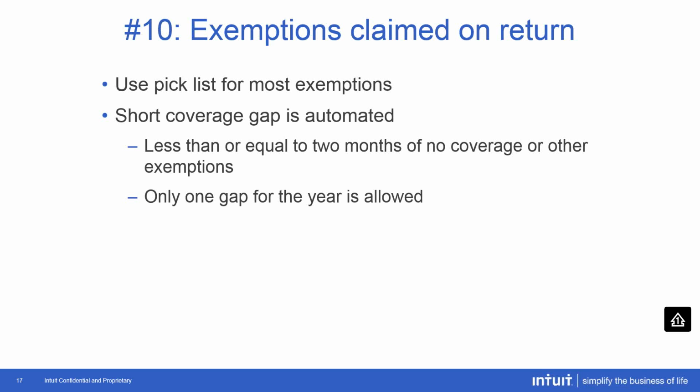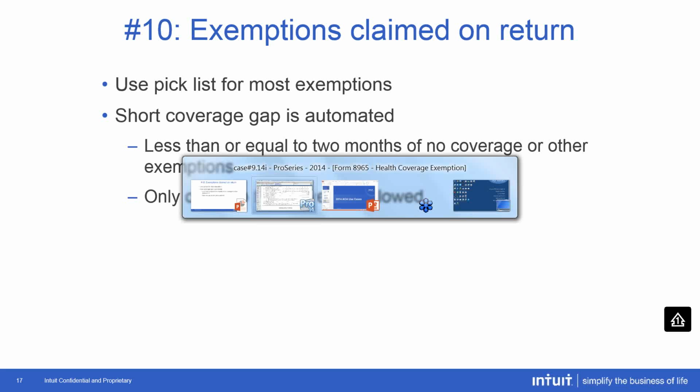You can have only one of those types of gaps for the year. There's also a gap in coverage at the beginning of 2014. That's a different type of exemption. That's automated as well. I'm going to show you the first type here, the short coverage gap.